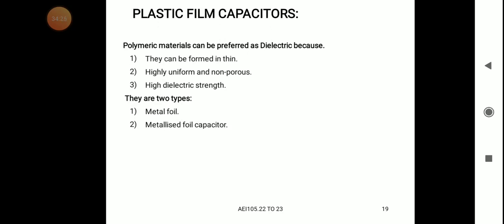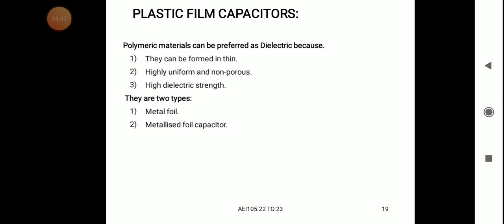The importance of these polymeric materials is that they can be formed very thin. The polymer material is very thin, highly uniform and non-porous.